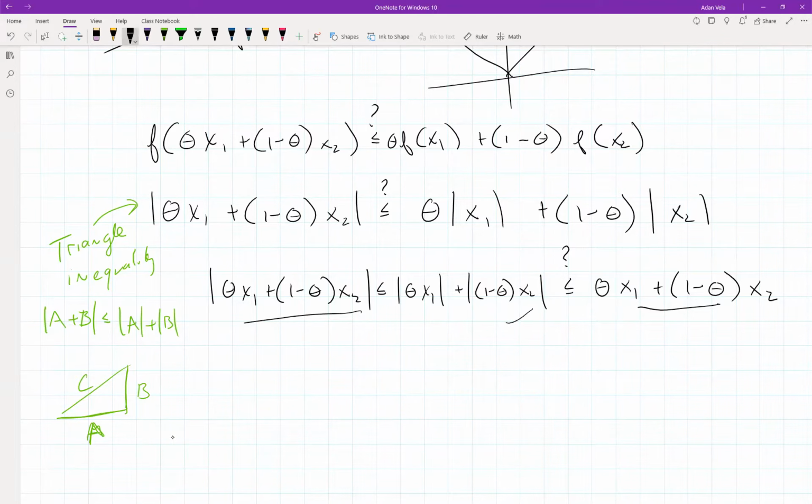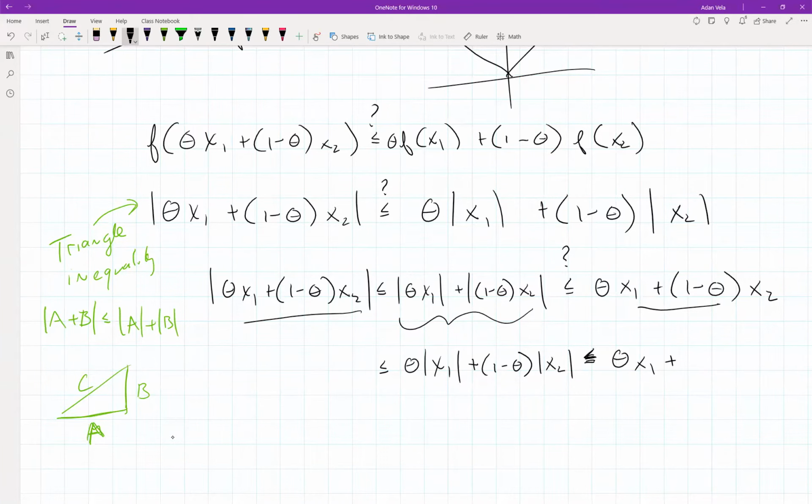Now, because theta and 1 minus theta are between 0 and 1, they're always going to be positive numbers, so we can pull them outside of the absolute value. When we do that, we get theta times the absolute value of x1, and we can pull out 1 minus theta here too. That's because we know theta and 1 minus theta are non-negative. And in fact, that is equal to what's on the left-hand side, but I'll keep it as less than or equal to.